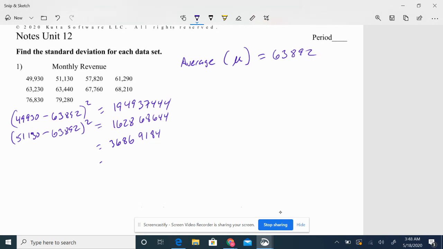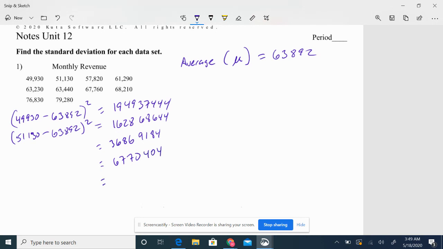Now let me do it again. I find my fourth number minus the average and then square it. I get 6770 404.